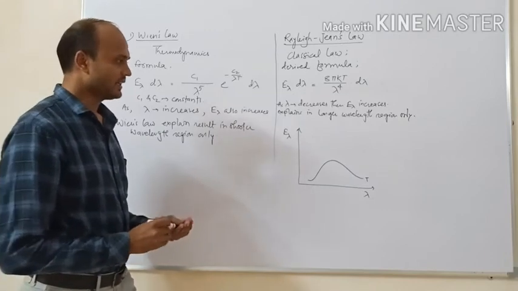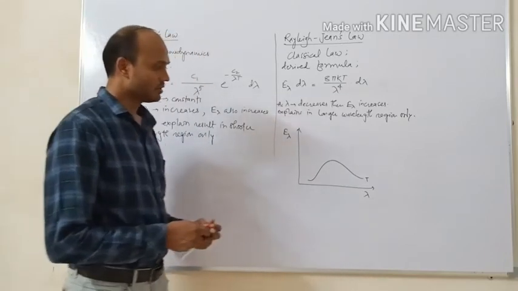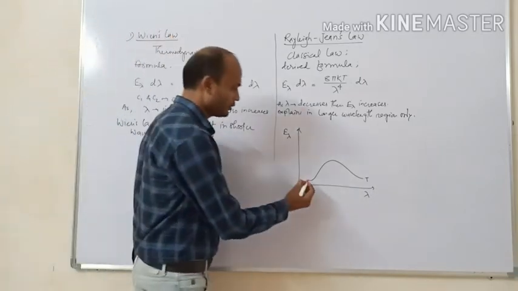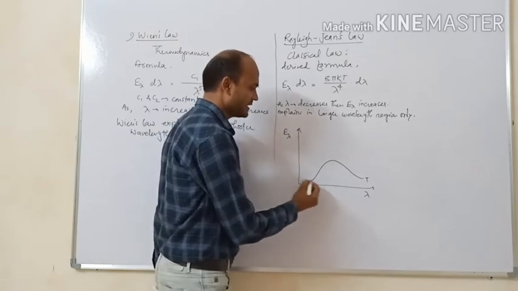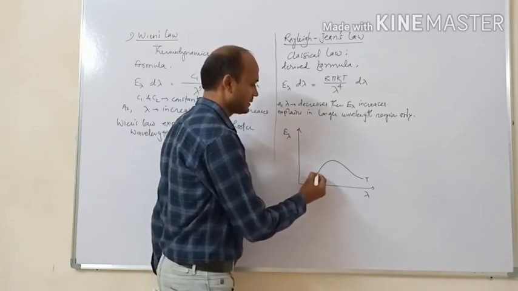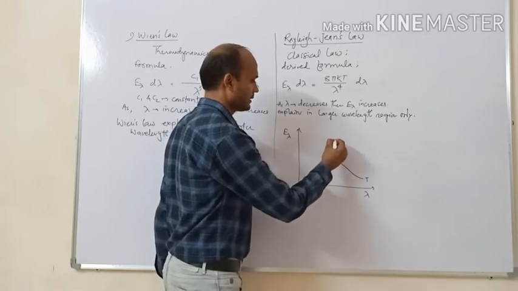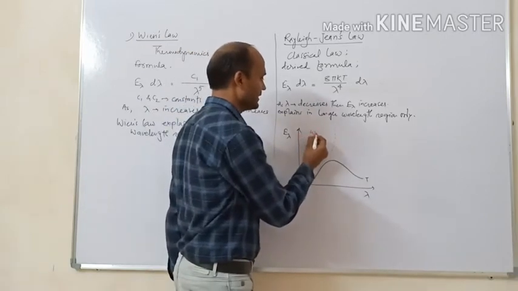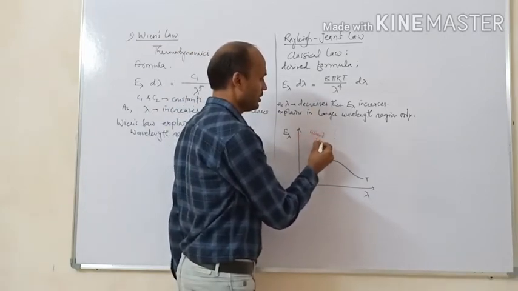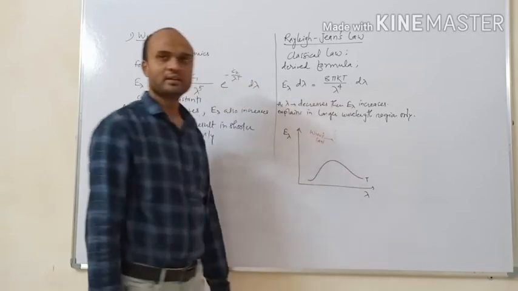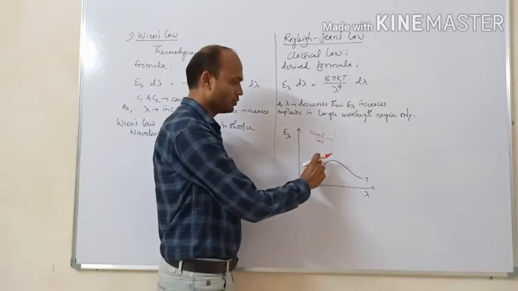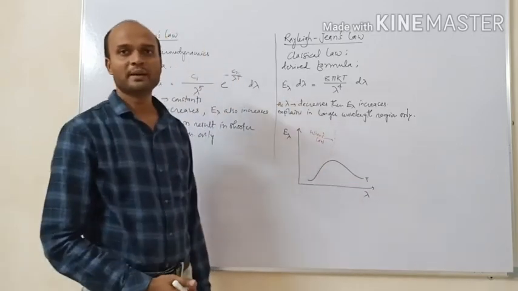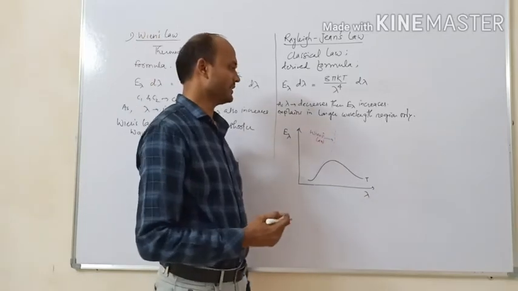So here I will draw the curves corresponding to Wien's law as well as Rayleigh-Jeans law. According to Wien's law, as wavelength increases, emissive power should go on continuously increasing. This curve represents Wien's law. It is true for the shorter wavelength region, but fails to explain the black body radiation spectrum in the longer wavelength region.